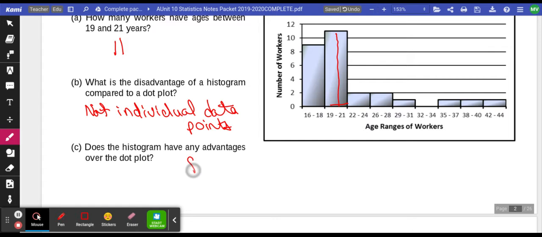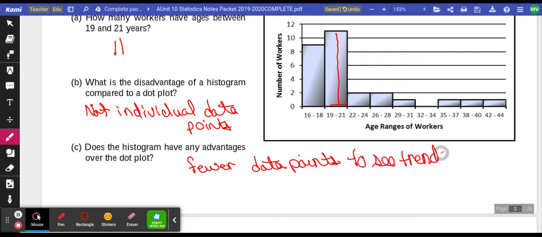Yes, it's fewer data points to look at to see trends, because we can still clearly see that the majority of our workers are under 22.